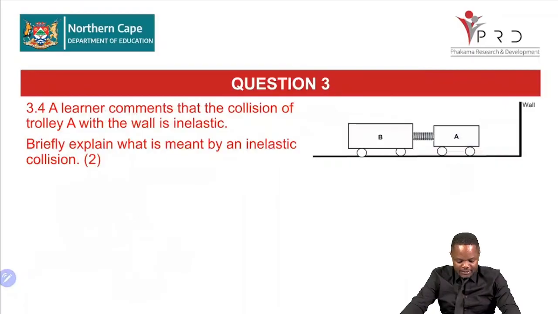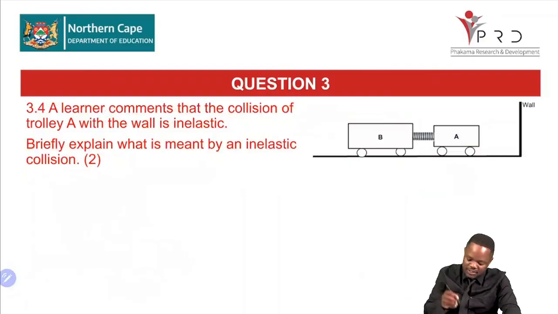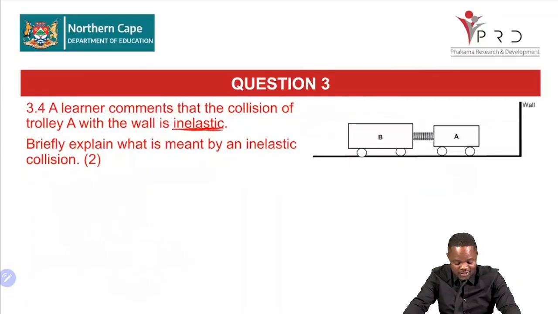Right, a learner comments that the collision of trolley A with the wall is inelastic. Okay, the collision of A with the wall is inelastic. Briefly explain what is meant by an inelastic collision. Remember, in an inelastic collision, kinetic energy is not conserved. We have a change in kinetic energy.